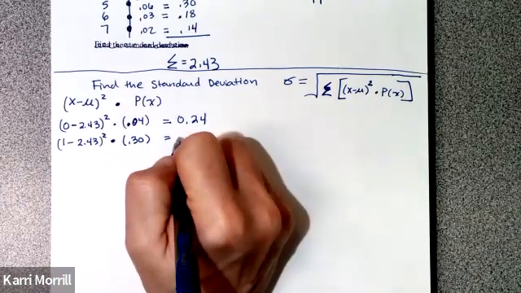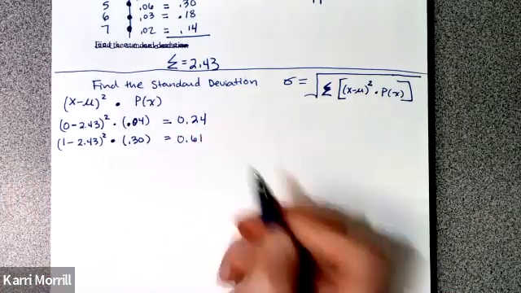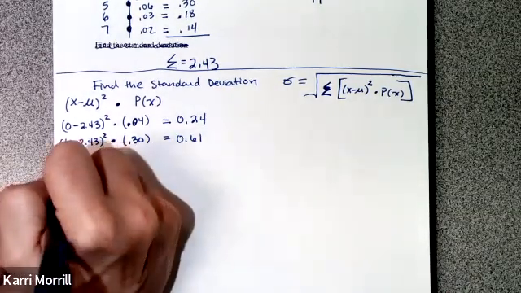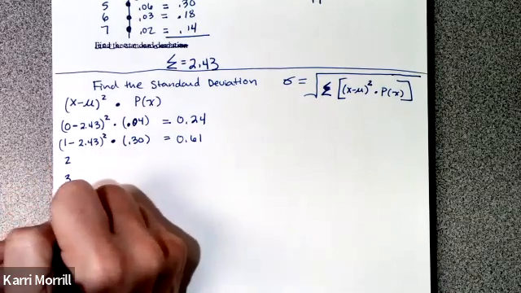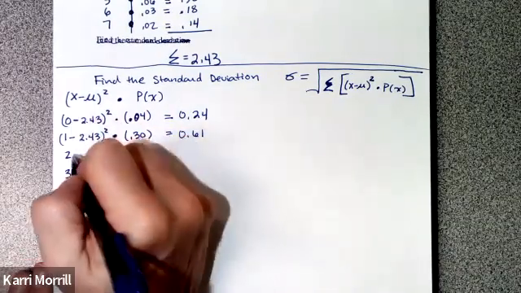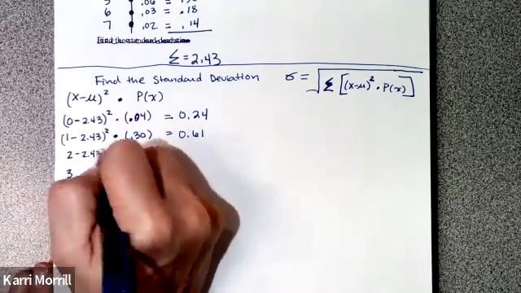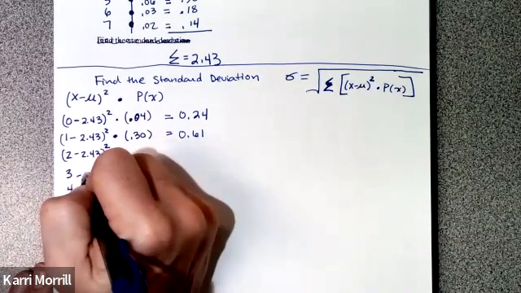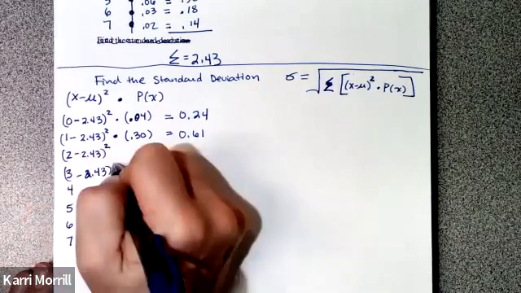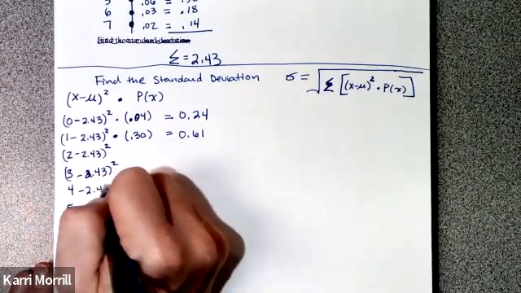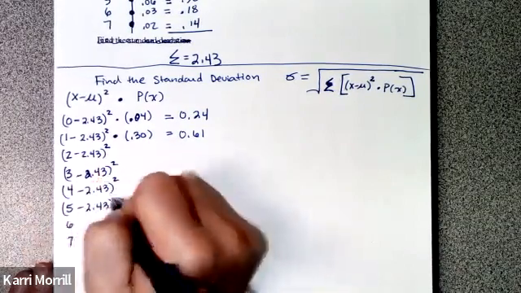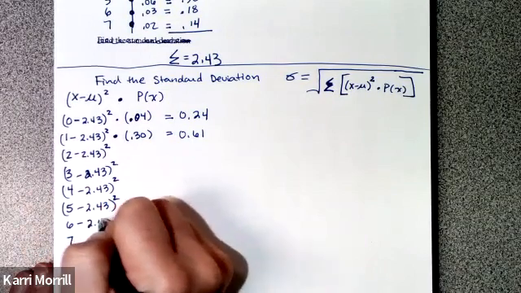It's a little time consuming, but you'll let your calculator do it and get 0.61. So we're going to do that for all of these. Multiply times all, subtract all of them by the 2.43. To do 7 different ones, 7 calculations.